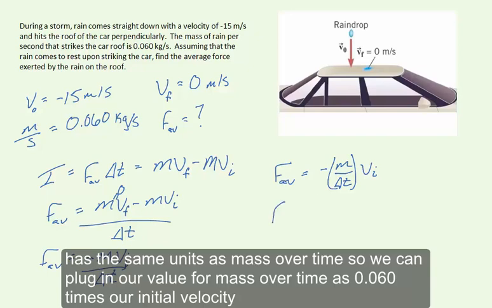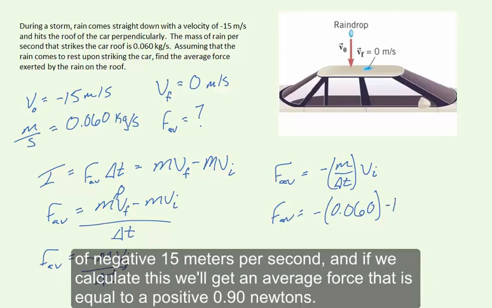So we can plug in our value for mass over time as 0.060 times our initial velocity of negative 15 meters per second. And if we calculate this, we'll get an average force that is equal to a positive 0.90 newtons.